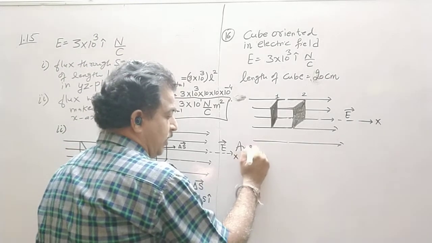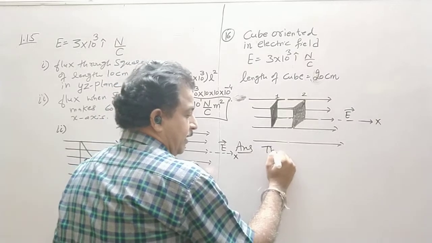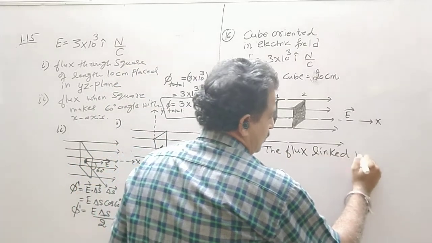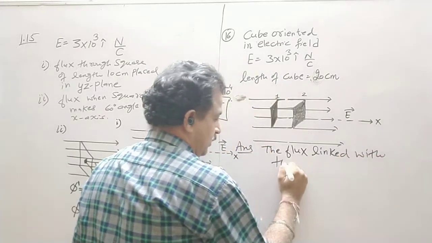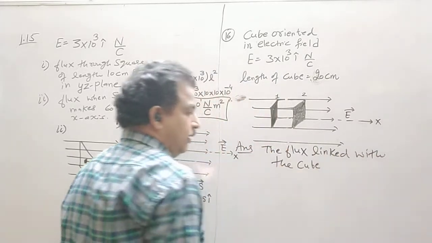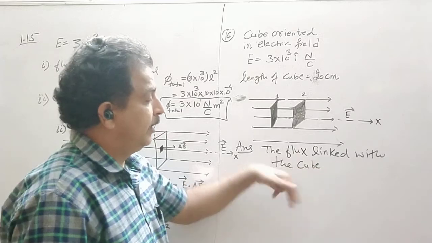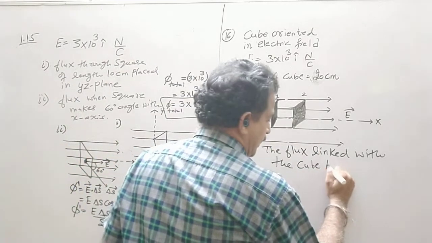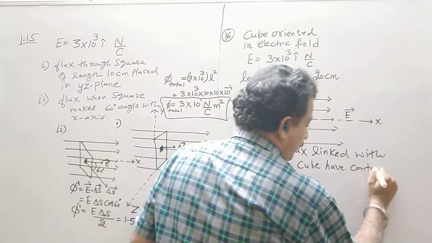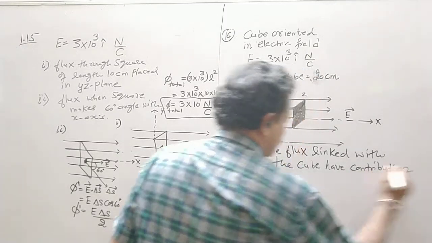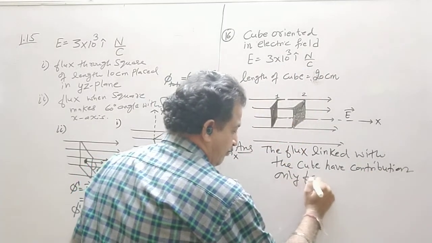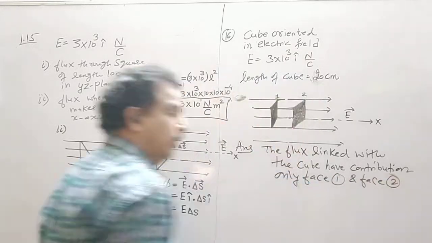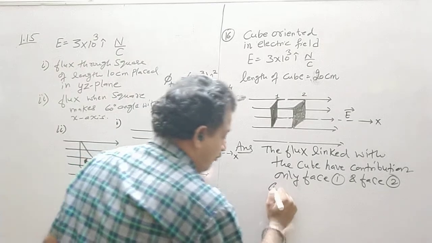So first we mention that the flux linked with the cube, flux linked with means the number of field lines passing through the cube. The flux linked with the cube has contribution only from face 1 and face 2 as shown in the figure.